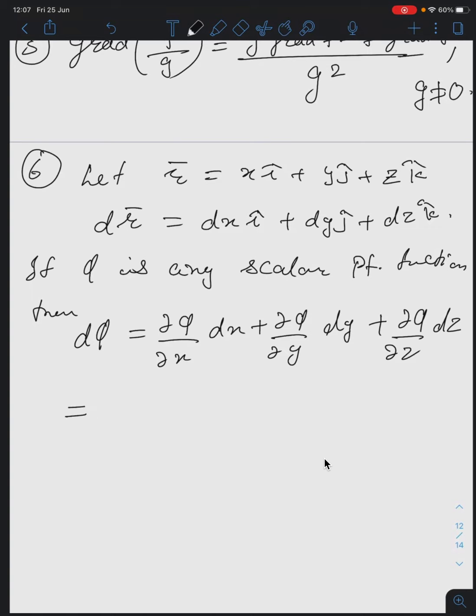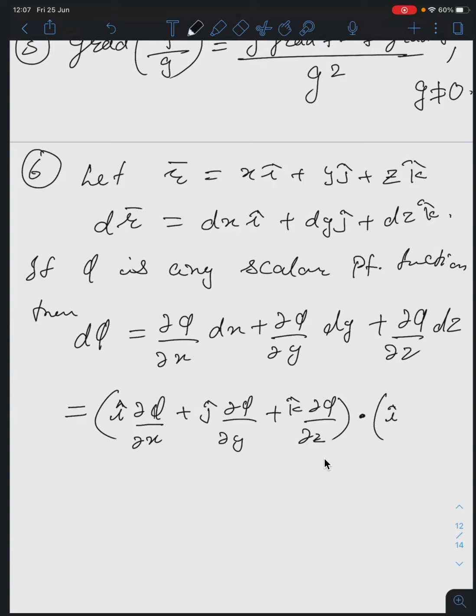Now this whole thing on the right hand side, I can write as a dot product of two vectors. Let us see how you will write. i dou phi by dou x plus j cap dou phi by dou y plus k cap dou phi by dou z. This is one vector I have written, taking the dot product with i dx plus j dy plus k dz.